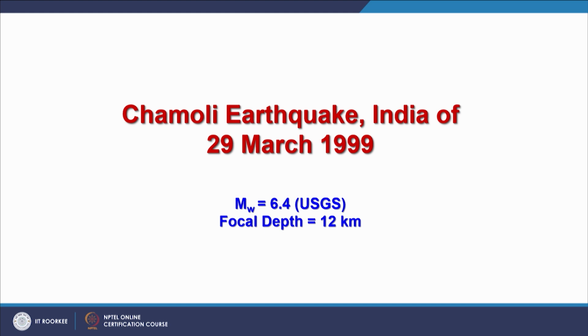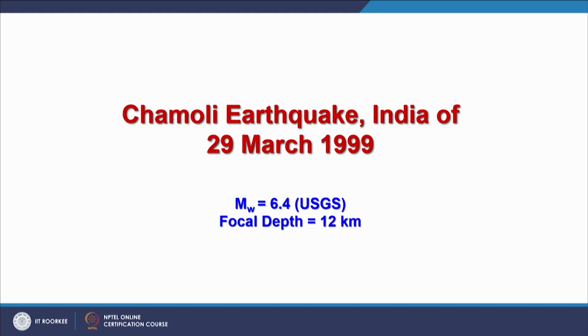Now, one other point, which is not directly related with hot springs but is related with springs overall. Earlier we mentioned that in the Koyna Warna region, which is a seismically active region, hot springs are found. But in the case of the Chamoli earthquake, which occurred on 29th March 1999, the spring locations also shifted due to seismic activity.